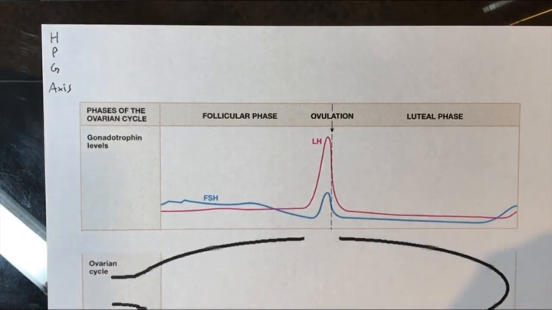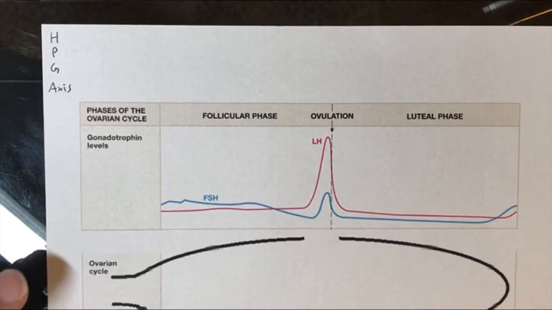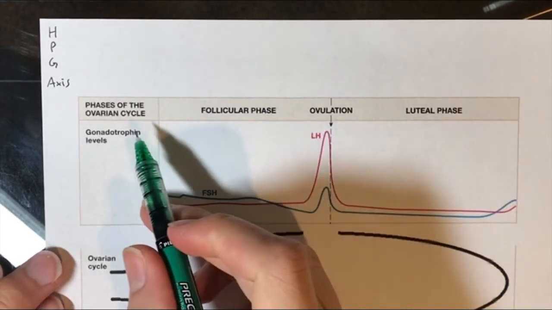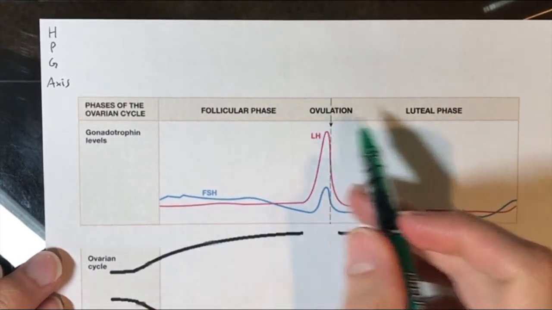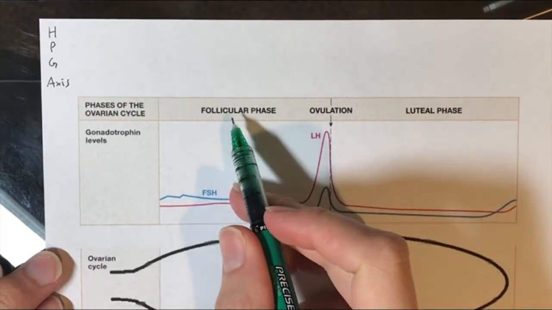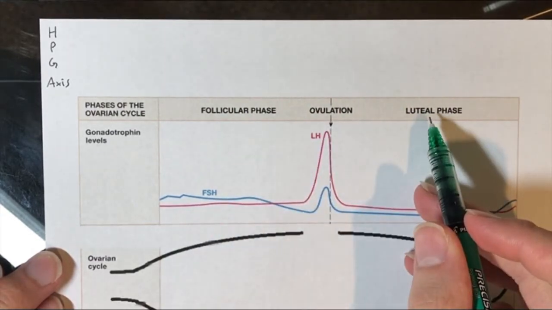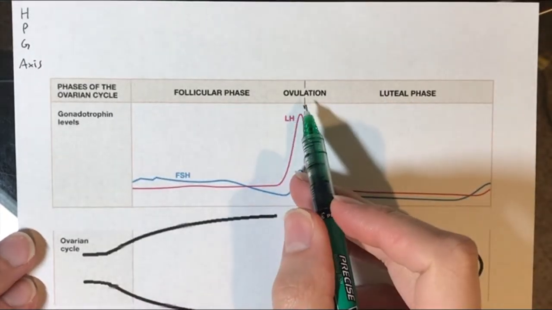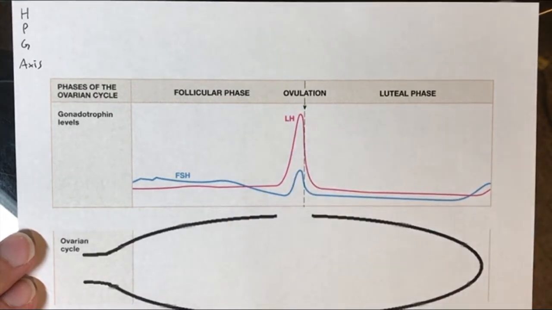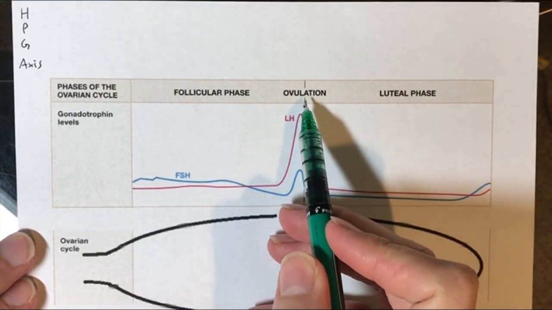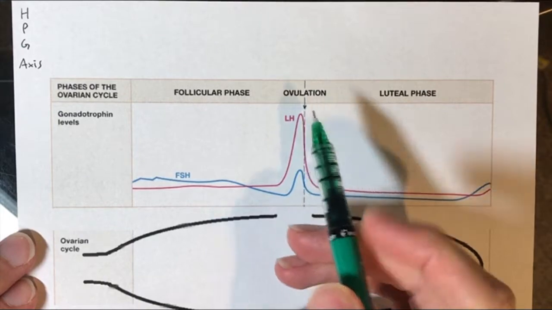All right, so let's talk about the ovarian cycle first. In the ovarian cycle, we have these different phases. We have the follicular phase and we have the luteal phase. And right in the middle of them, we have ovulation.